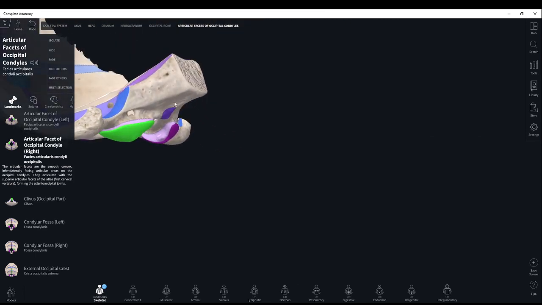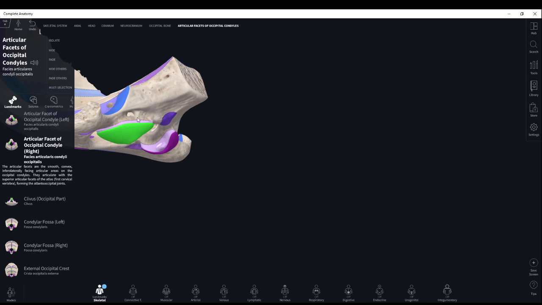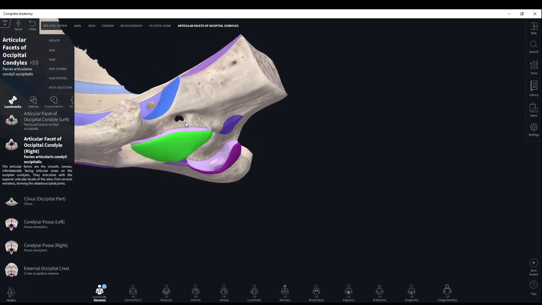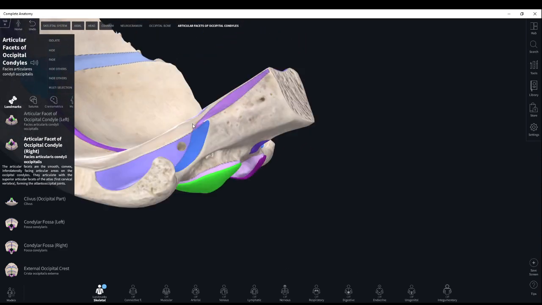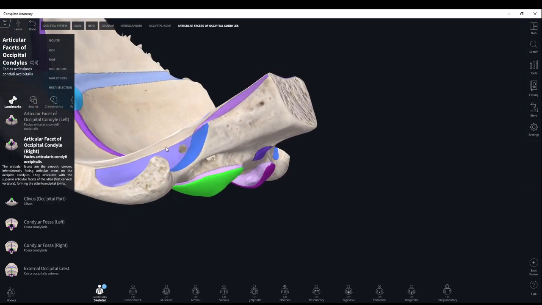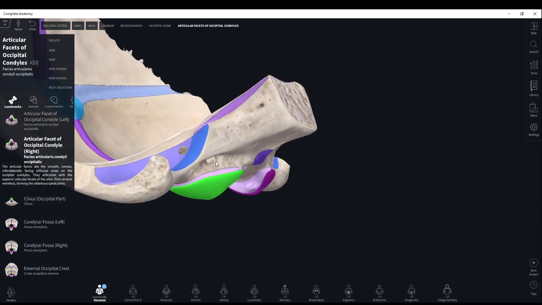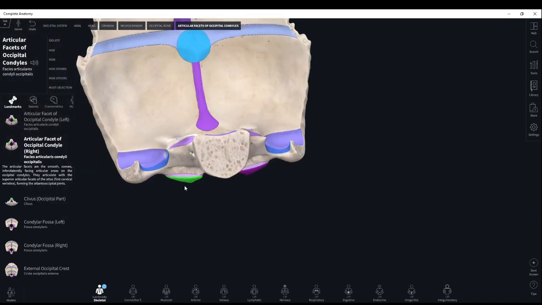Just above the condyles, you can see a foramen which forms a canal leading into the cranial fossa and is called the hypoglossal canal, canalis nervi hypoglossi.